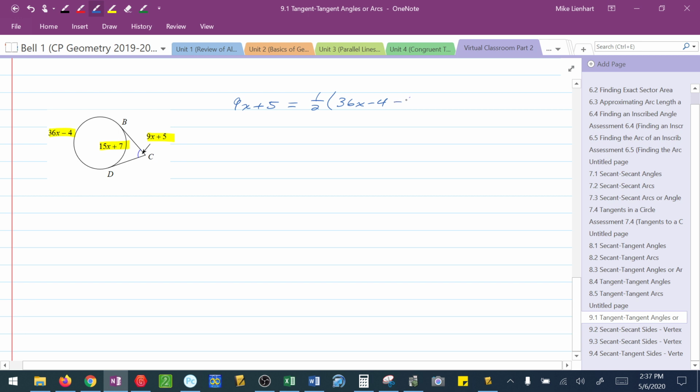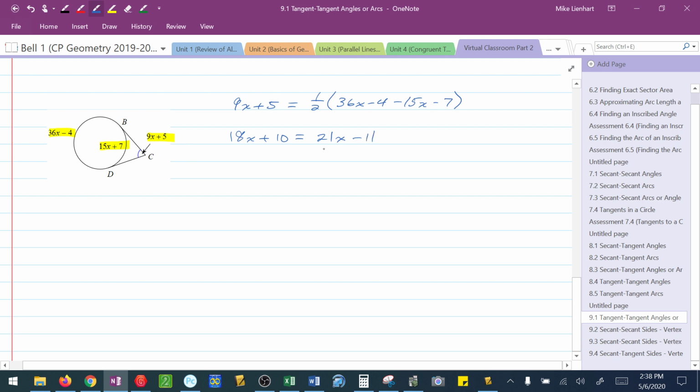So I'm going to write that as minus 15x minus 7. All right, I'm going to distribute 2 on the left side. So that leaves me with 18x plus 10 is equal to, and then I'm going to combine like terms here. So that would be 21x minus 11.